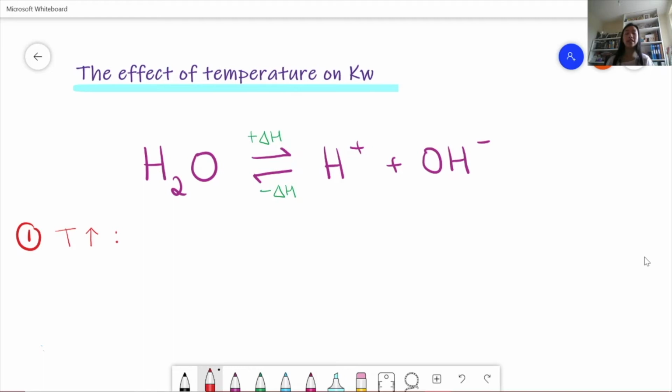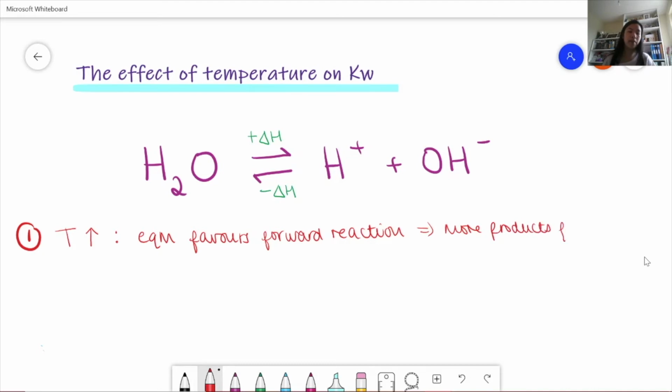That means that it would favour the forward reaction. So the equilibrium favours the forward reaction, and that means that more products would be formed, so more of the OH- and H+ ions would be formed.